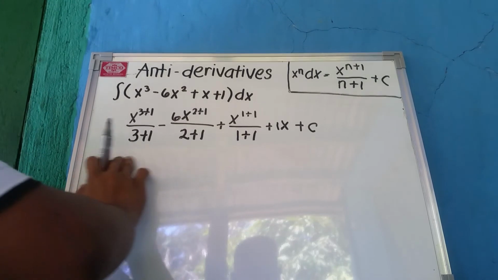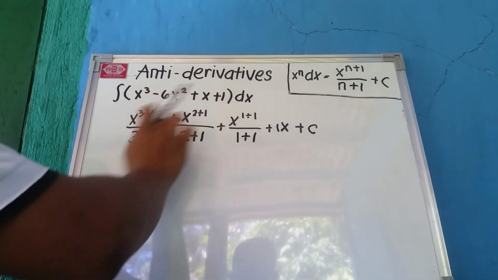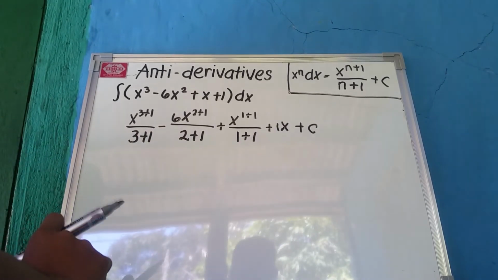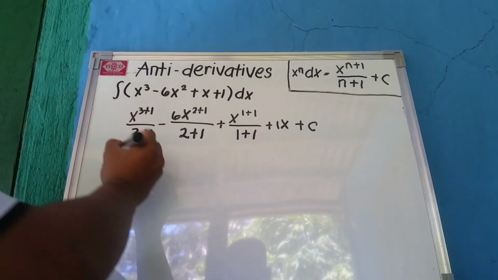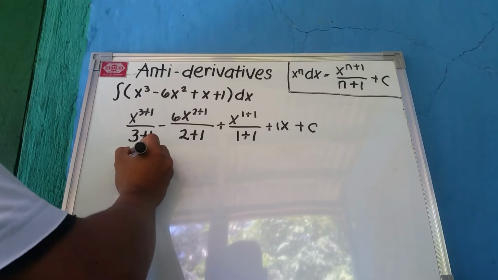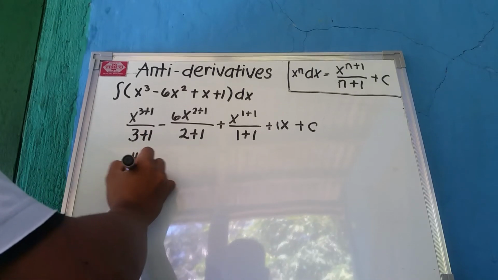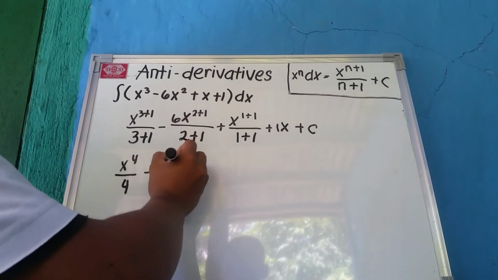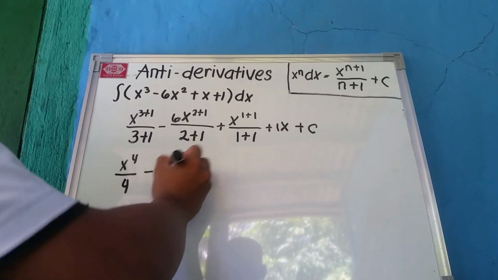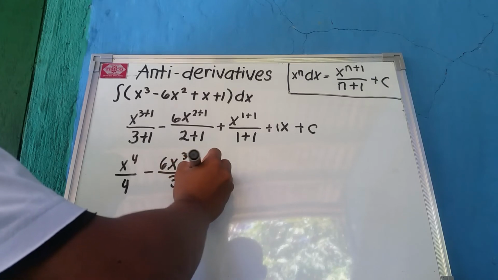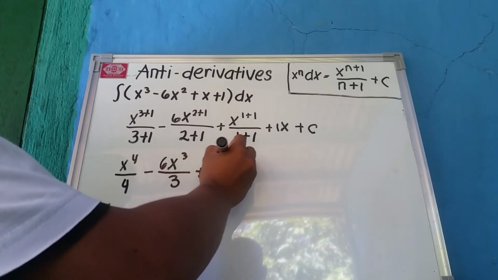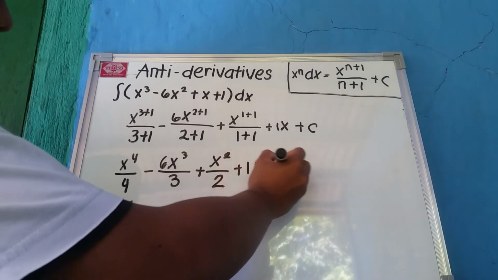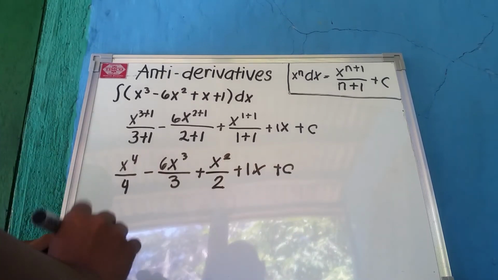We are going to combine each and every exponent we have and each of the denominators we have right here. So x, 3 plus 1 is 4, minus 6, 2 plus 1 is 3, plus x squared over 2 plus 1x plus c.